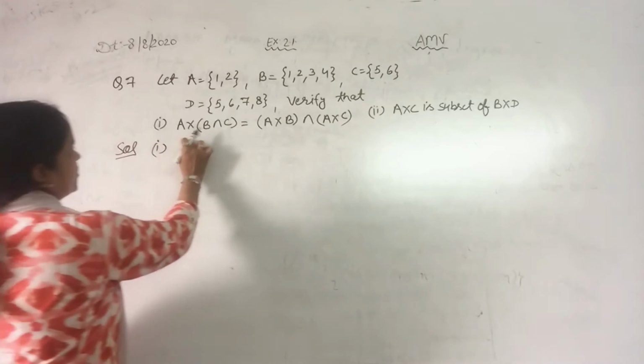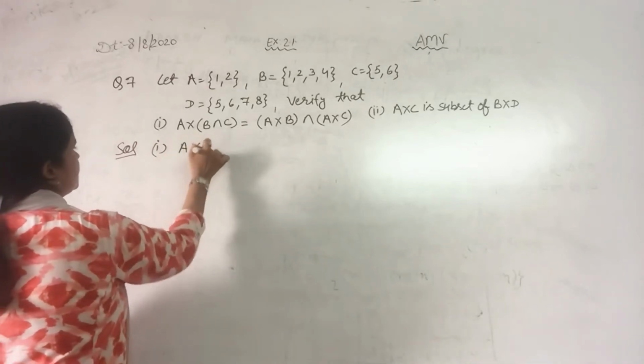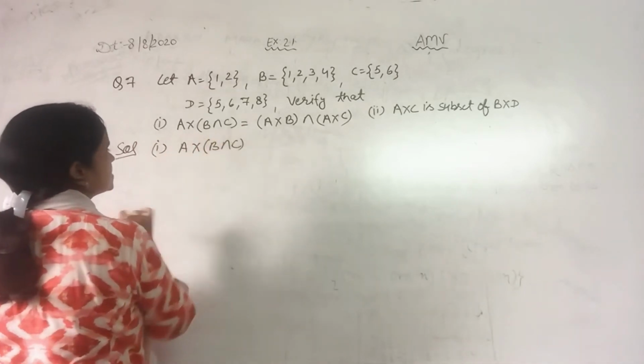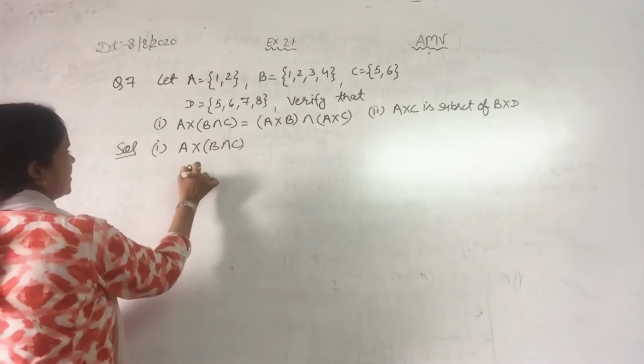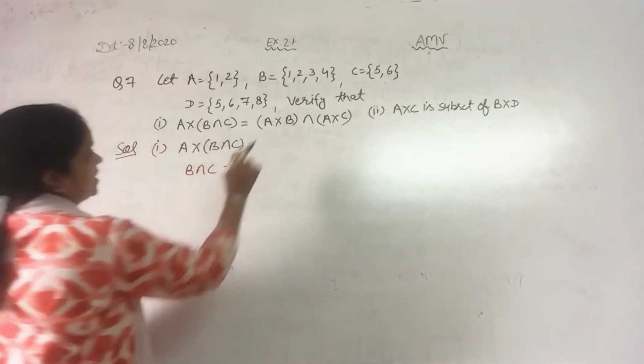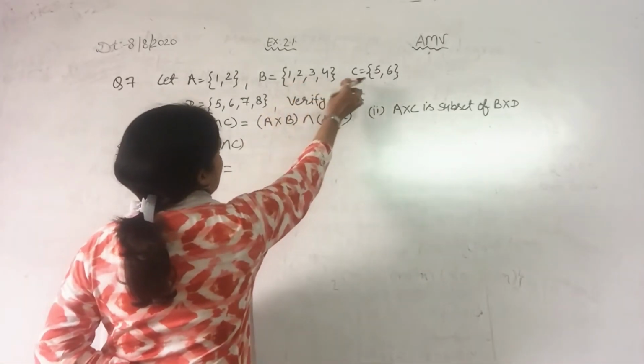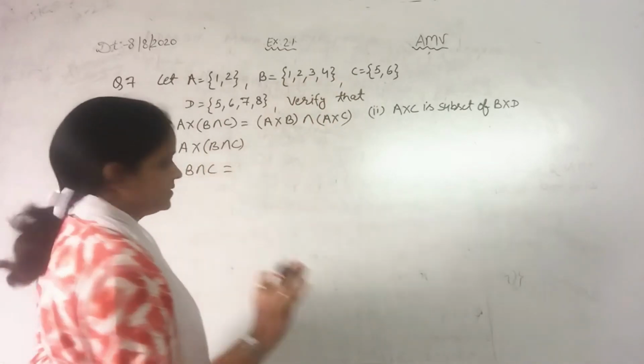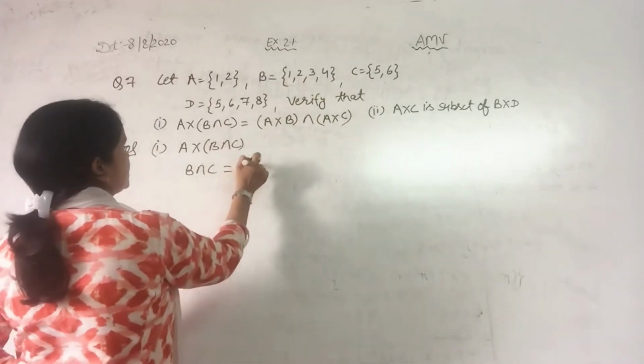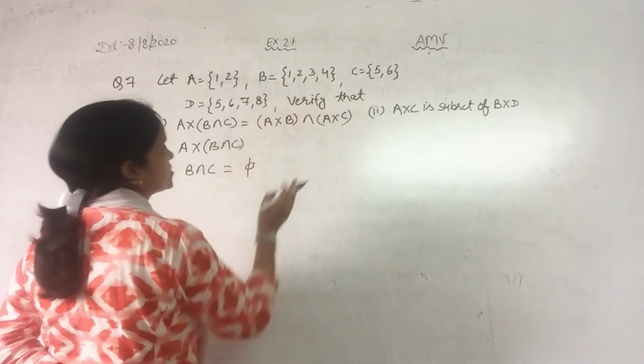First part, for this A×(B intersection C). Okay, first I am finding B intersection C. Here B is {1, 2, 3, 4} and C is {5, 6}. So intersection is null. No element is common.